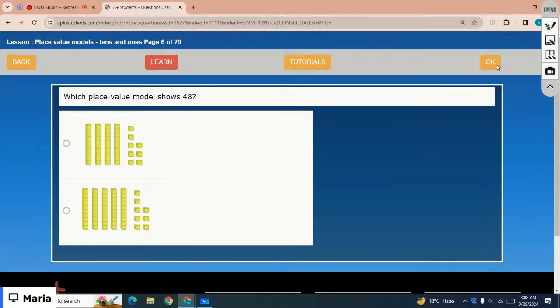Which place value model shows 48? Which is the correct option?